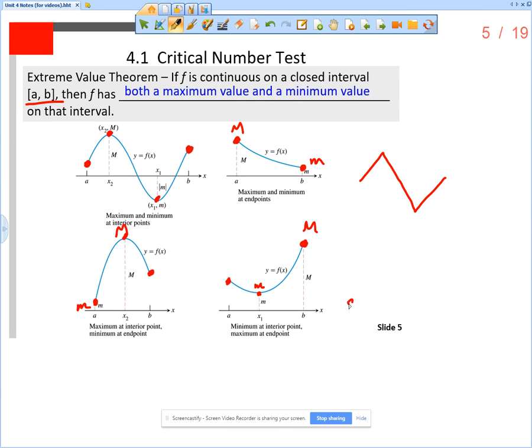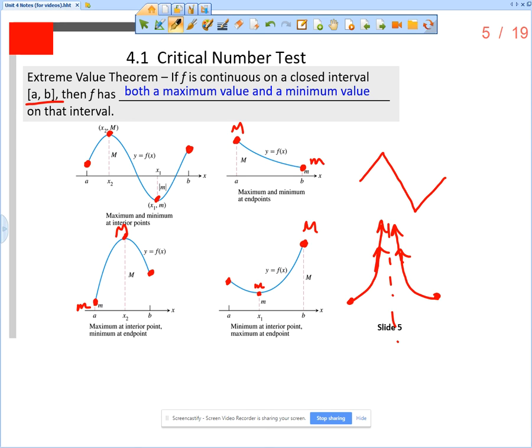Why does it have to be continuous? Well, let's take that example we started at earlier. Here's an endpoint, asymptote, endpoint. What is the absolute max? Well, there isn't an absolute max because these two things approach the asymptote and they go up forever and ever. So there is not a single number that you can claim is the highest number on that domain.